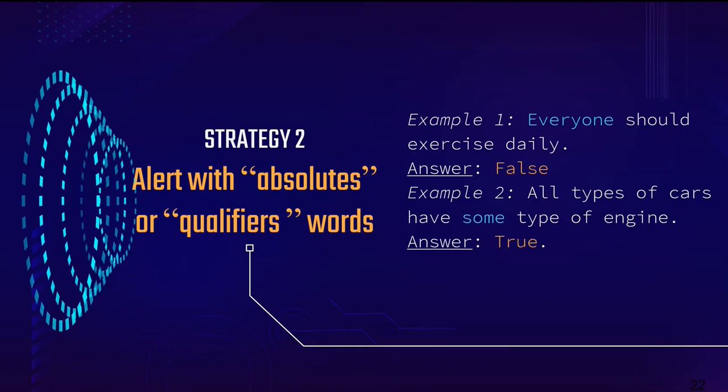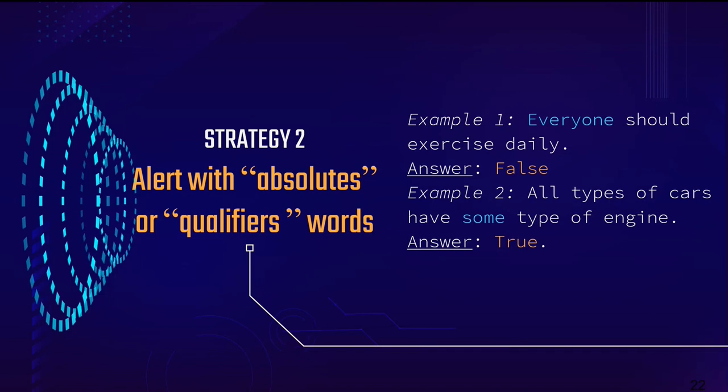Strategy 2. Be alert with absolutes or qualifier words in true-false questions. True-false questions may use words called absolutes or qualifiers. Absolute words imply there are no exceptions to the fact stated in a question.